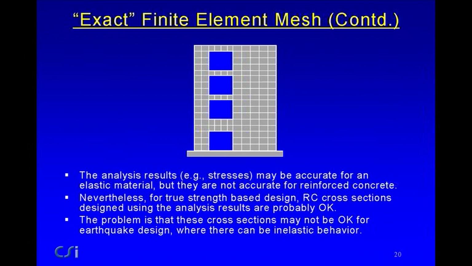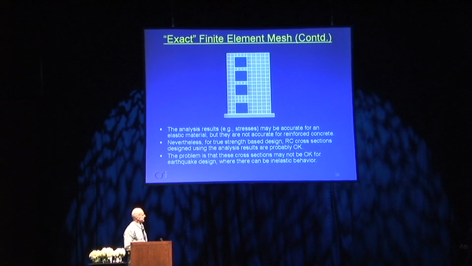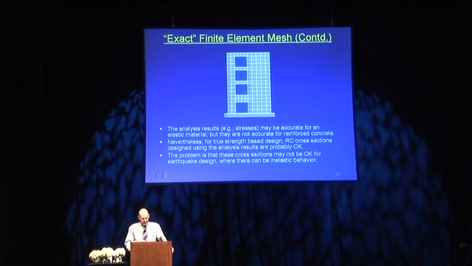And another point, and I think this one is maybe more important. The analysis results, and in particular the stresses you would calculate from this type of thing, may be accurate for an elastic material, but reinforced concrete is not an elastic material, so it's not accurate. And it's really important to remember this.